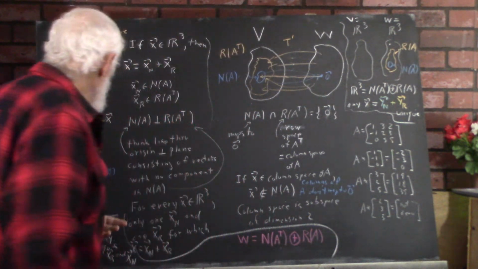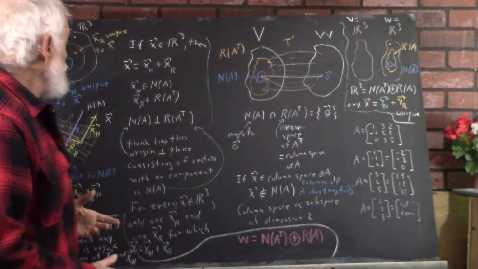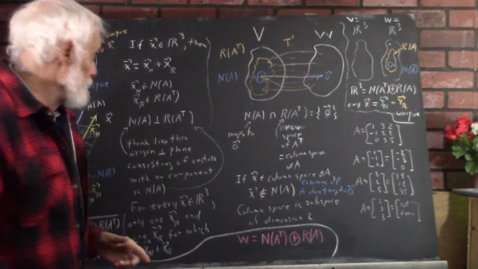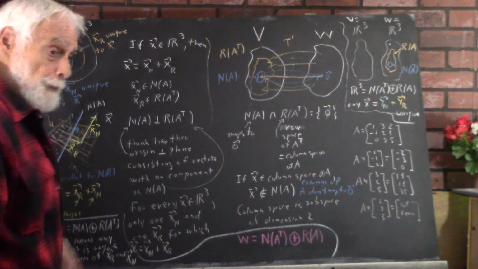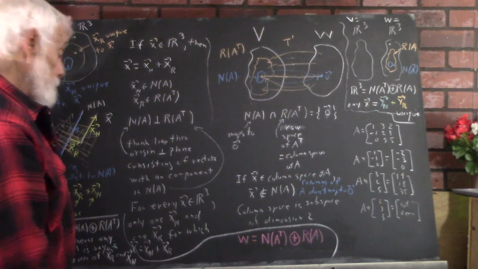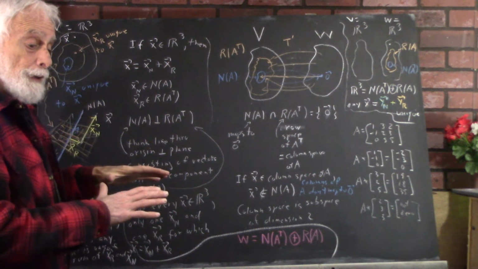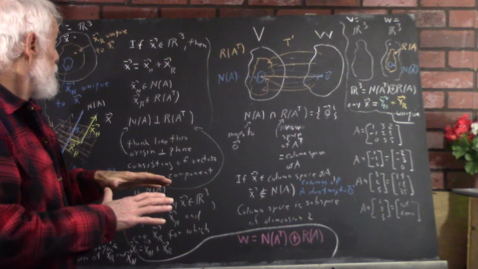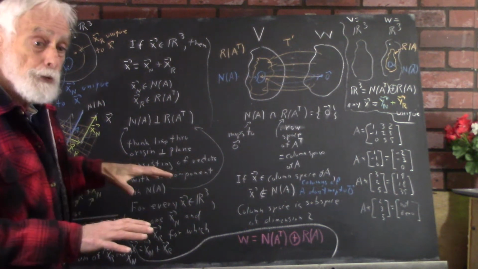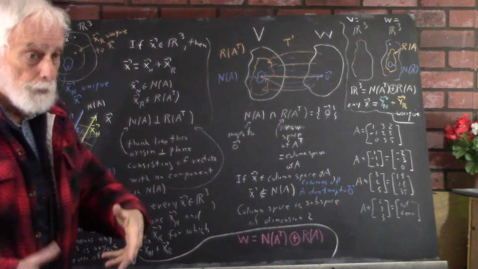If you think of R3, and you think of the situation for this matrix, where the null space has dimension 1, so it's a line, and then the range of A transpose is a plane, because it has dimension 2, because A has rank 2.